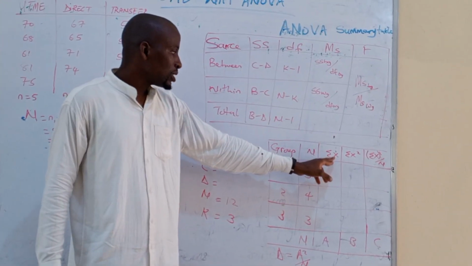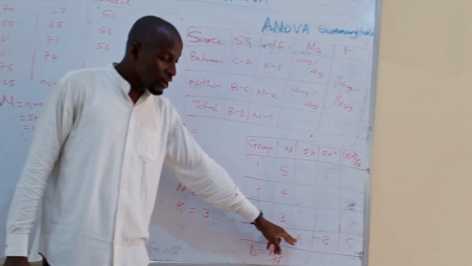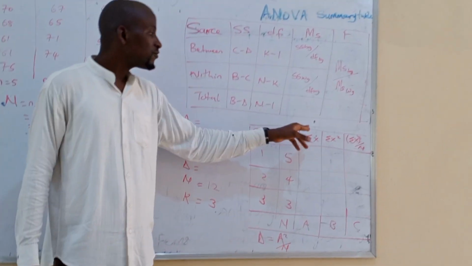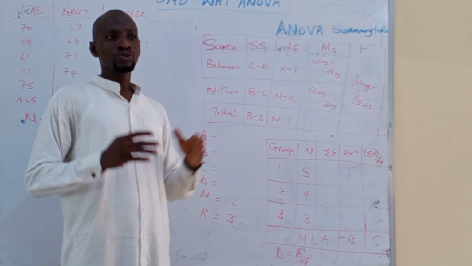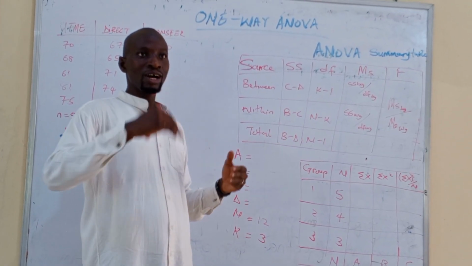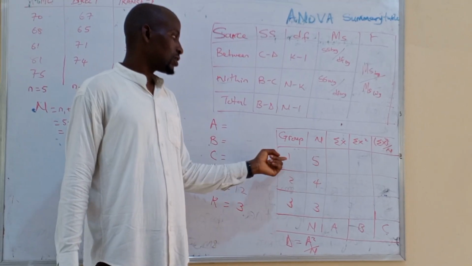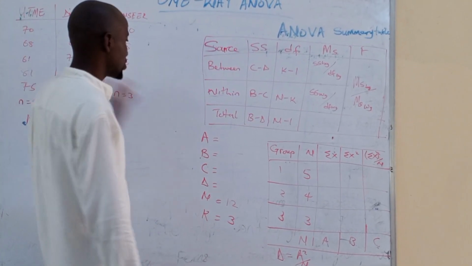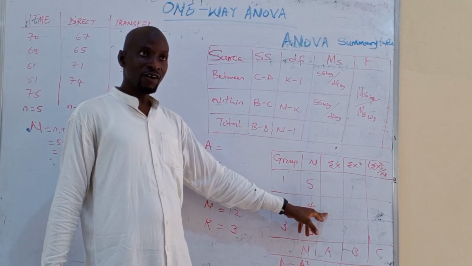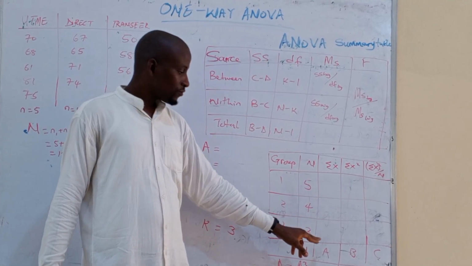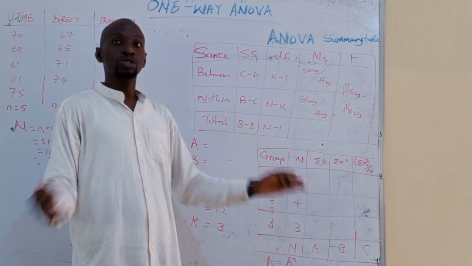Now this second one is saying summation x, and for us to get our A, we need to find the sum of all the raw scores. But because it will be too cumbersome if we write it out one after the other, this table is telling us that we will find the sum of all the raw values in group 1, the sum of all the raw values in group 2, and the sum of all the raw values in group 3, then we sum the sums.